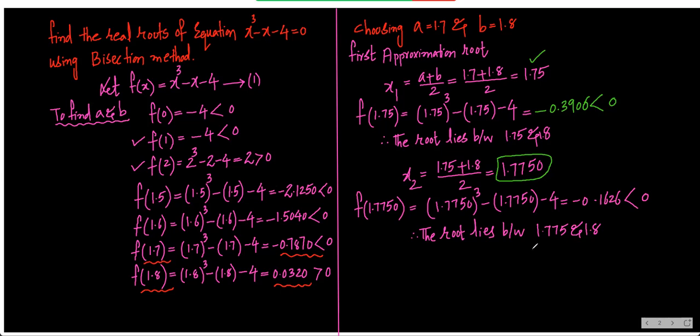Then we can go for third approximate value, that is x3, 1.775 plus 1.8 divided by 2. Tell me the answer.